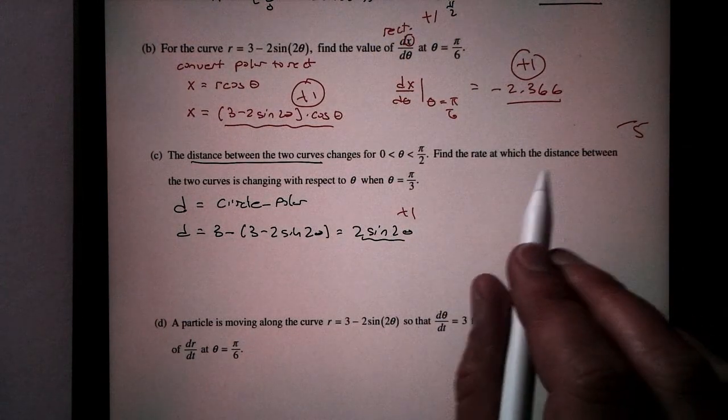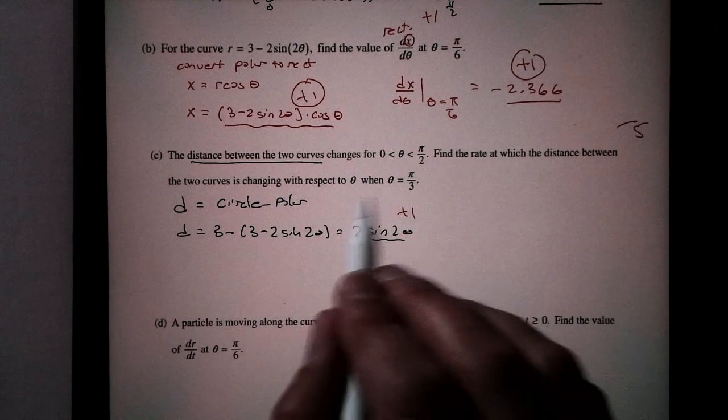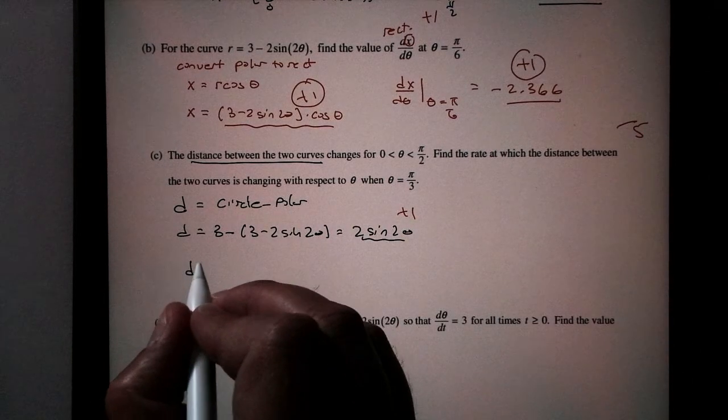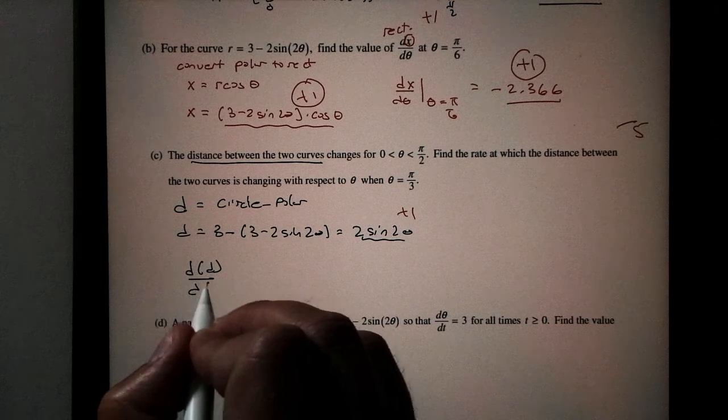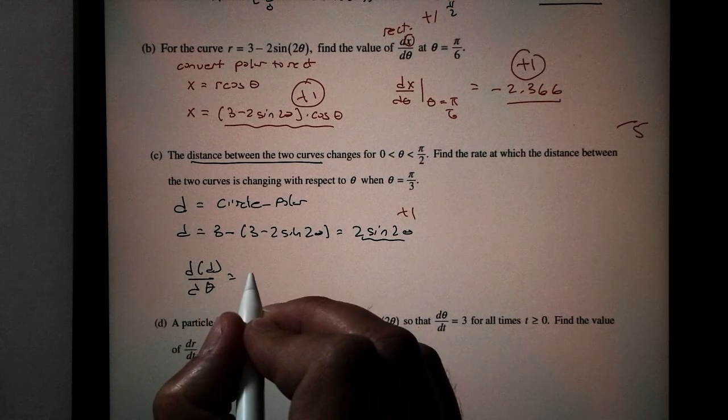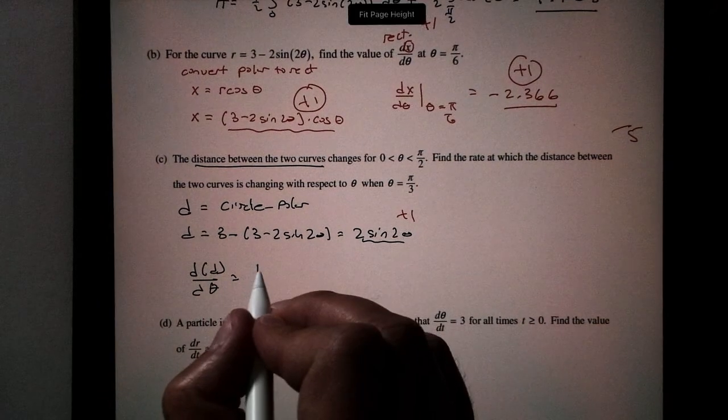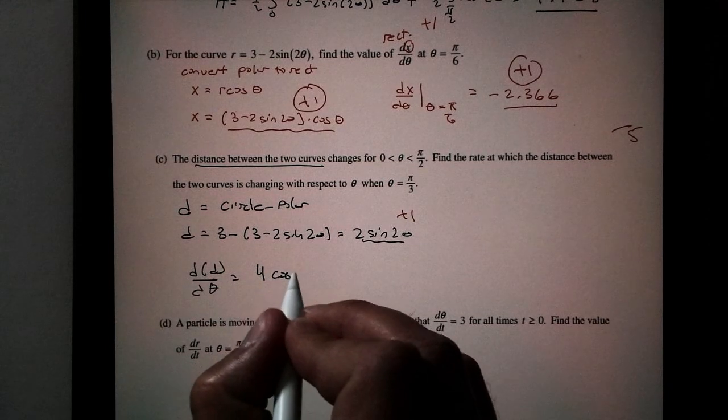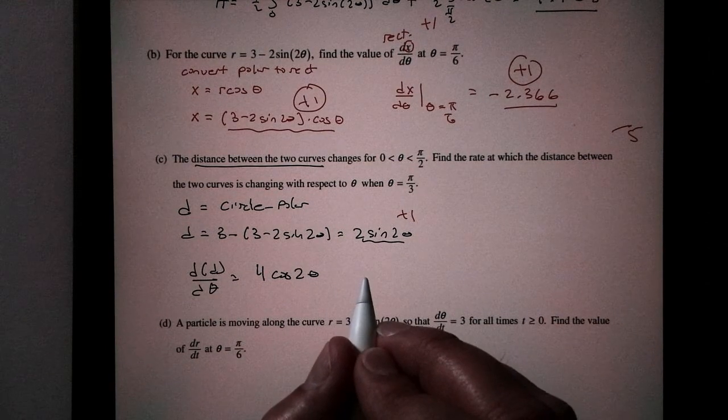We want to find the rate at which the distance is changing with respect to theta. So we want to find the change in our distance with respect to theta. That's just our derivative, and that's just going to become, with chain rule, 4 cosine 2 theta.